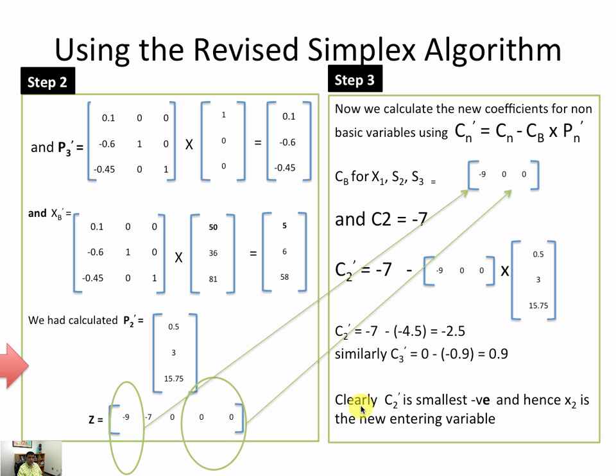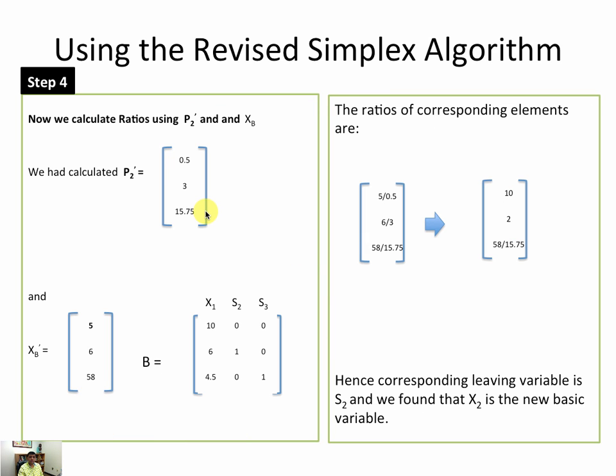Now clearly, for our interest, we are looking at anything that is a negative number, and C2 prime is the smallest negative, and hence x2 is the new entering variable. Again, we calculate the ratios using P2 prime and XB because P2 prime is the new entering variable, equivalent to our pivot column in the standard simplex method.